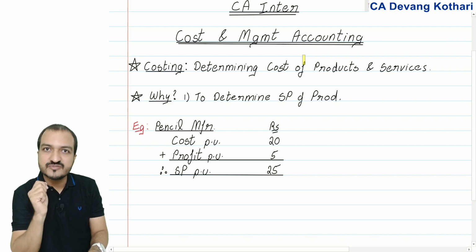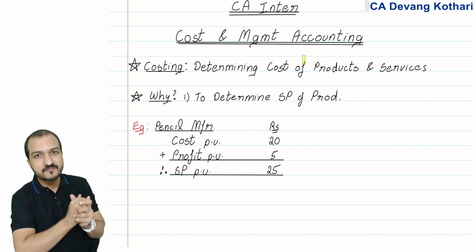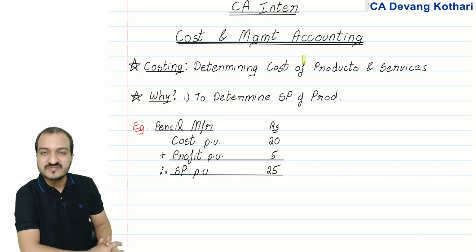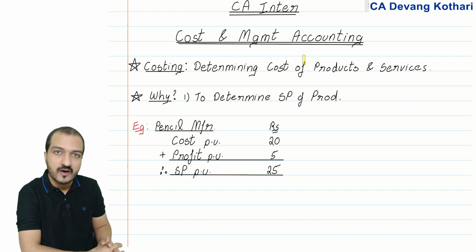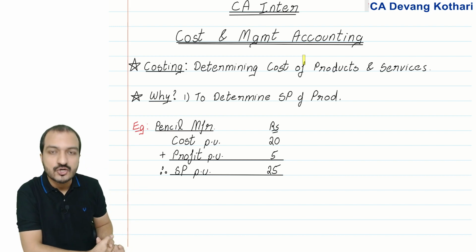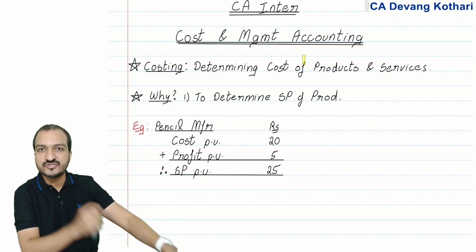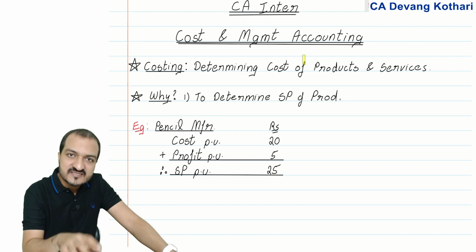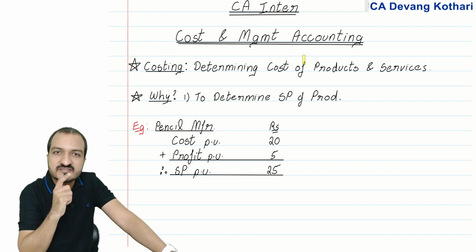Have you started the subject of accounting? Yeah, your routine accounts subject. You told me that you have started it, and based on only this explanation of costing, can you tell me how this subject is different from your accounting subject?